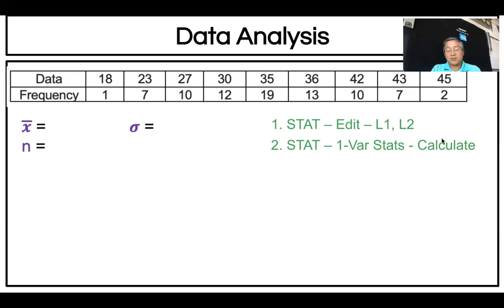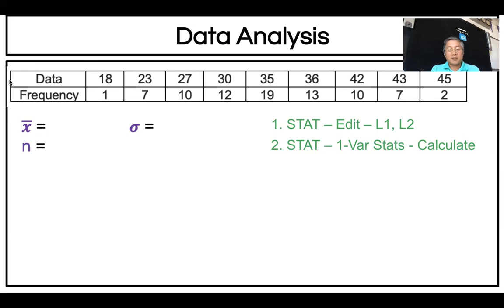But that's too much to put in a row. So it's better to make a frequency table like this: one person for 18, 7 people for 23. It's better to look at, and it's more organized.